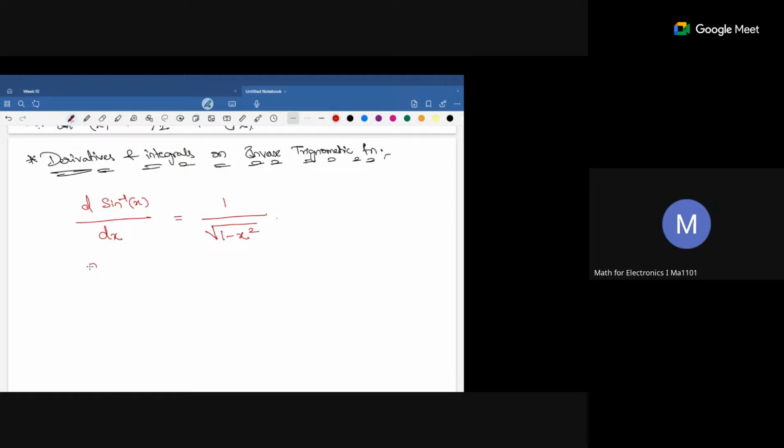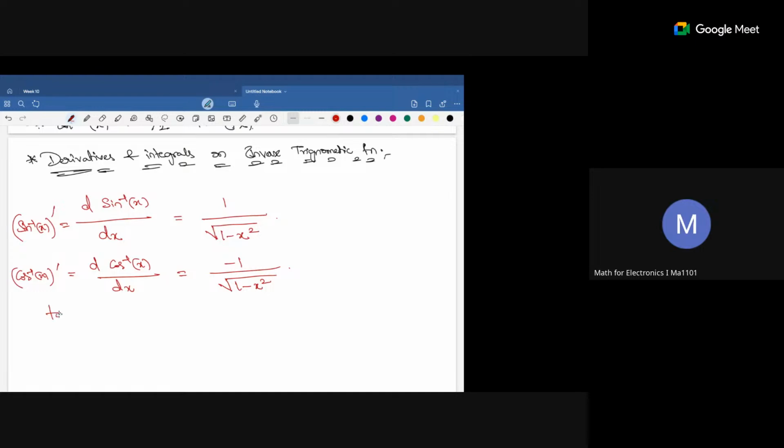Once we get this, we can also talk about the derivative of cos inverse x. In lectures, I think the professor would have written sine inverse of x prime, cos inverse x prime, which is nothing but the derivative. Even this is minus 1 by square root of 1 minus x square. All these are quite important formulas, but rather than looking at them as formulas, you should definitely understand how each formula has come.